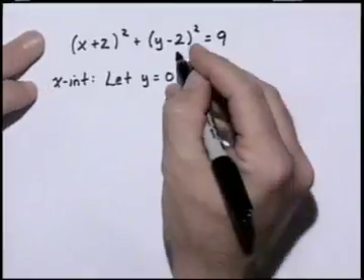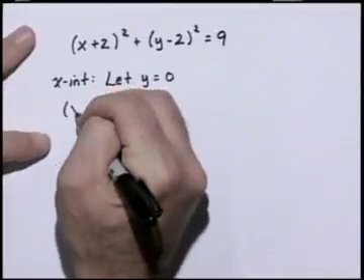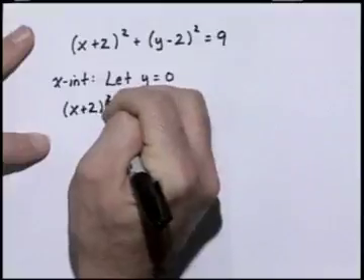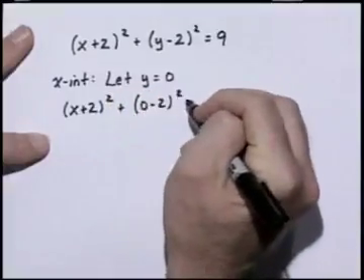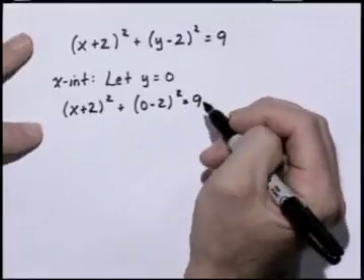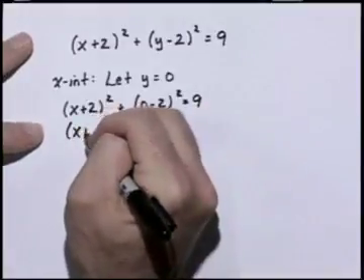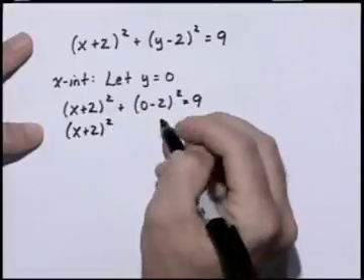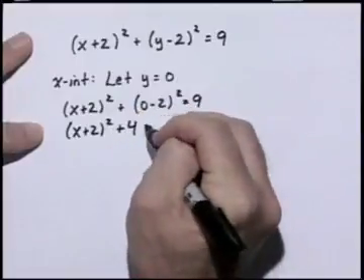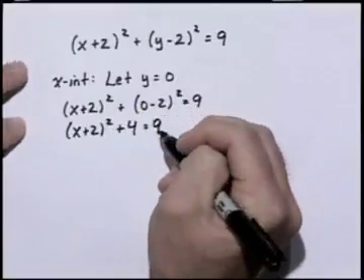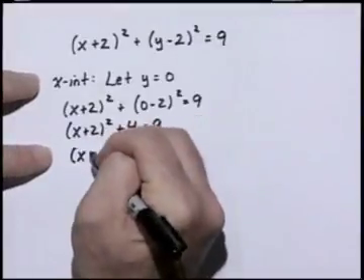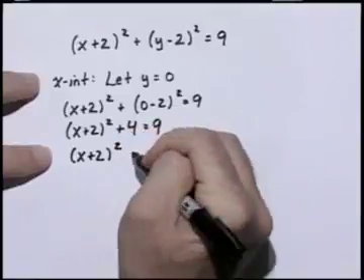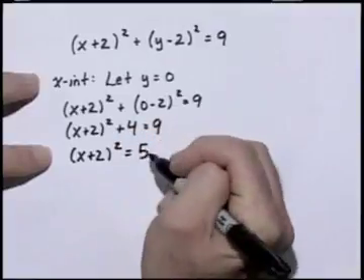If we let y equal 0 in this equation, we obtain x plus 2 quantity squared plus 0 minus 2 quantity squared equals 9. That gives us x plus 2 quantity squared plus 4 equals 9. Subtract 4 from both sides of the equation, you end up with x plus 2 quantity squared equals 5.